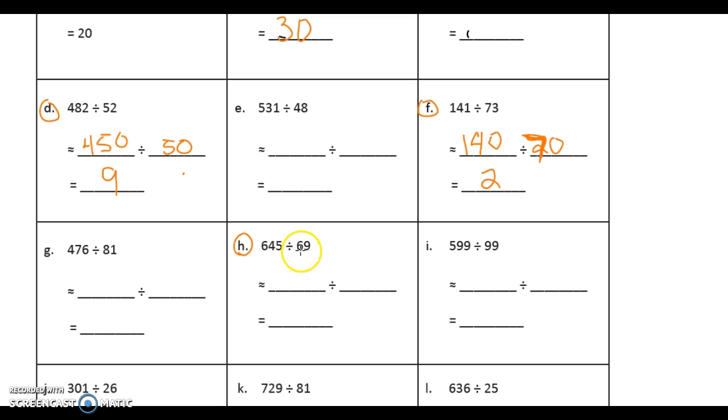And so you think about 7 times what gets you 64. We know 7 times 7 is 49. If you add 7 more to that, it gets you 54. If you add 7 more to that, it's going to get you 61. So let's just do that. We'll say this is 610. And remember what we had there. We were going to 61, or sorry, not 61.